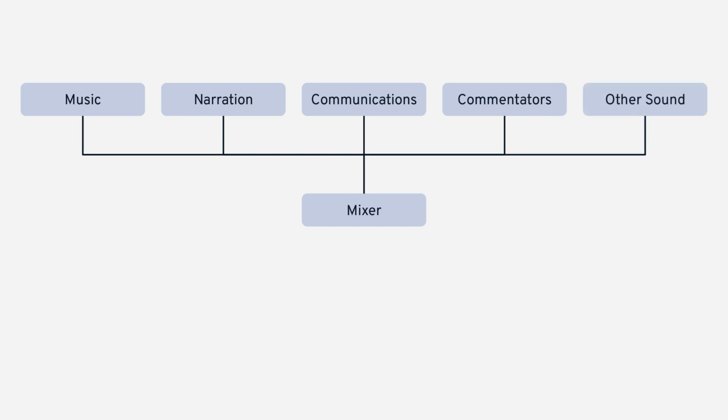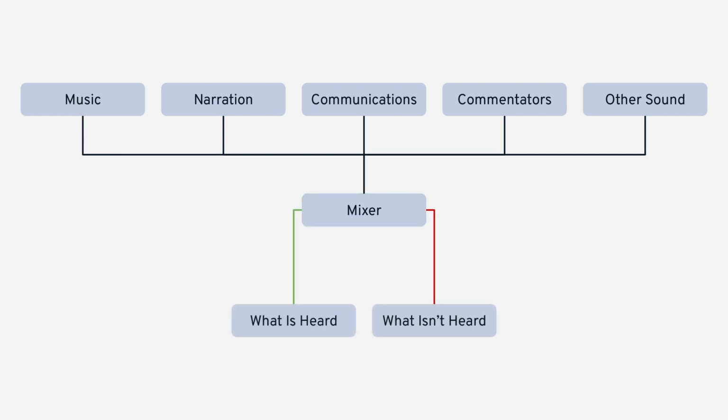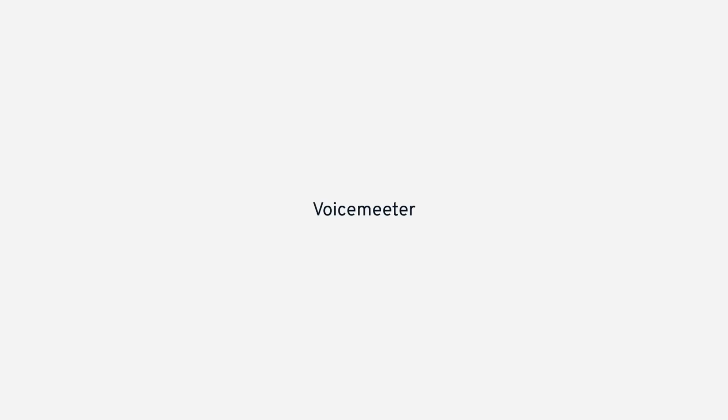All of those audio sources typically enter into some form of mixer, so the show organizers can decide whether sound is played over the speakers or not, and what that sound is. Bringing those different sound sources together and combining one or more of them into an output is audio mixing. And there are ways we can emulate this same capability virtually with software. And that brings us to Voicemeeter.